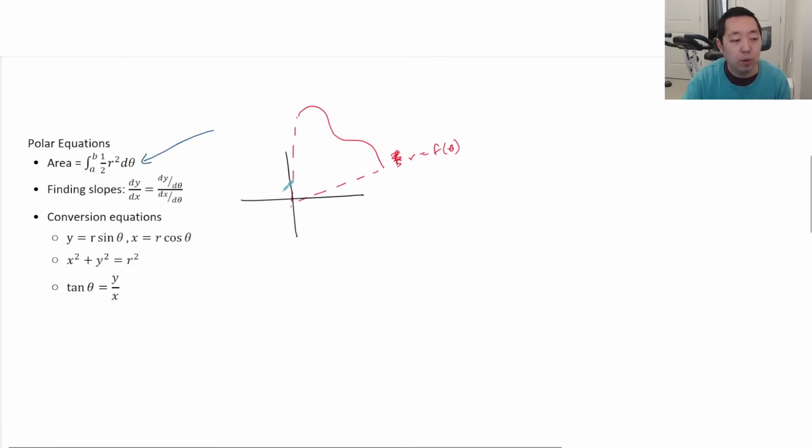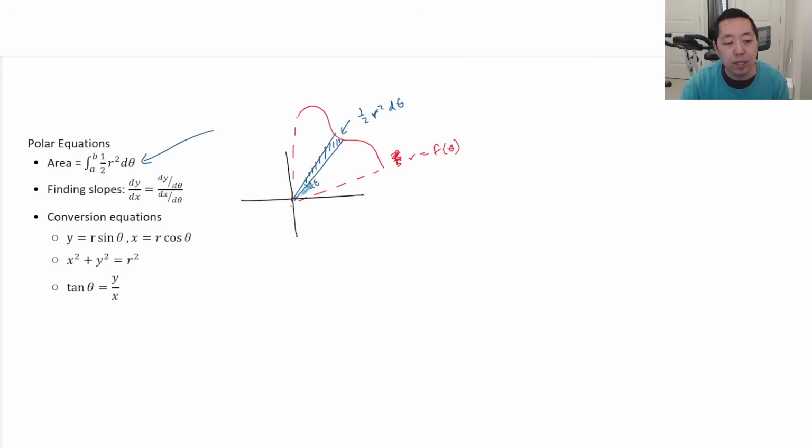And what this equation, 1/2 r squared d theta, is doing is, rather than slicing things up into little rectangles, you're slicing things up into little arc segments. So this is your d theta, and this is the area that you're finding here. And the reason it has the 1/2 is that you think of it like the area of a triangle, 1/2 the base times the height, which turns out to be 1/2 r squared d theta.